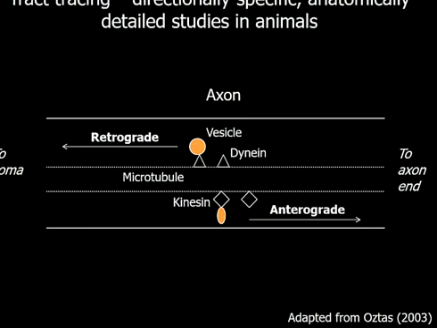As a result, almost everything that we know about the structural connectivity of the human brain is extrapolated from monkeys. We don't have any of this information directly in the human brain.